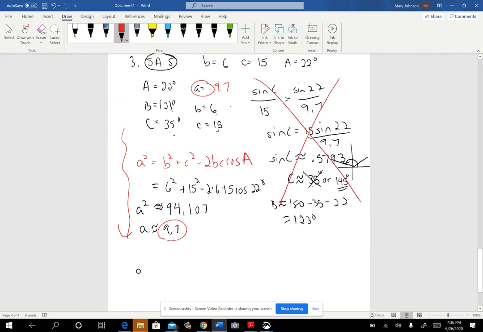But then when you get over here on this part, don't find C next. Okay, what you should do is, instead of finding C, you should use law of sines to find the angle. Find the angle opposite the shortest side that is left.